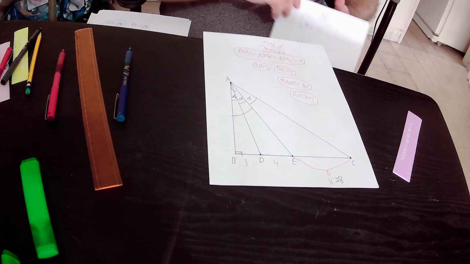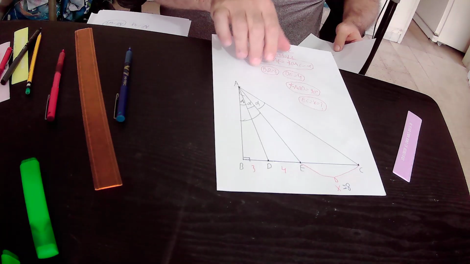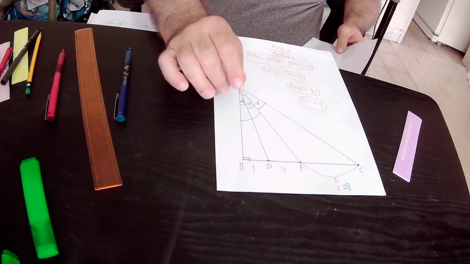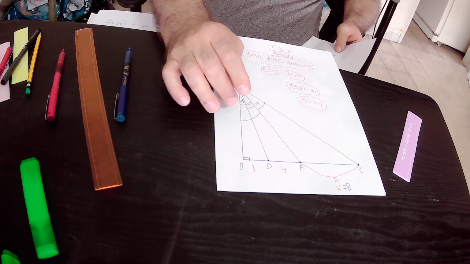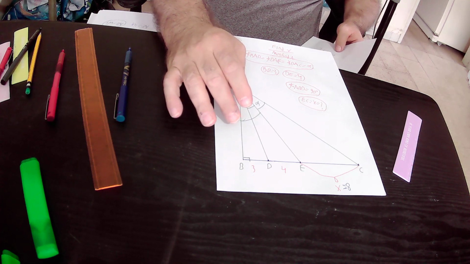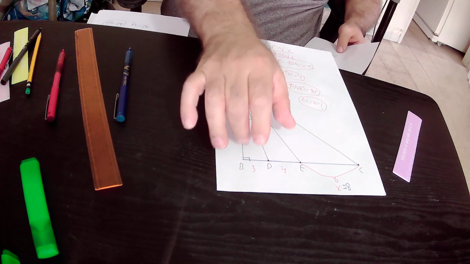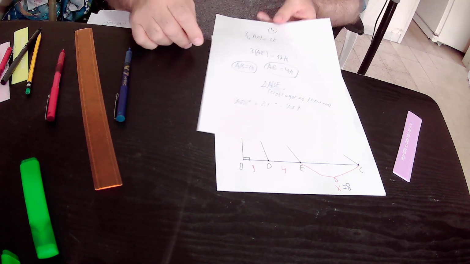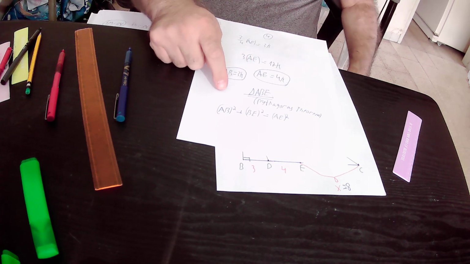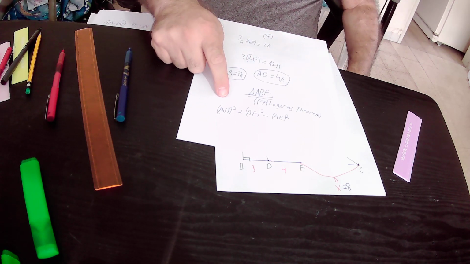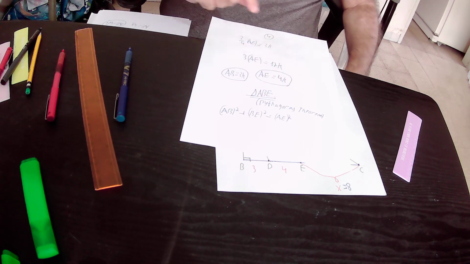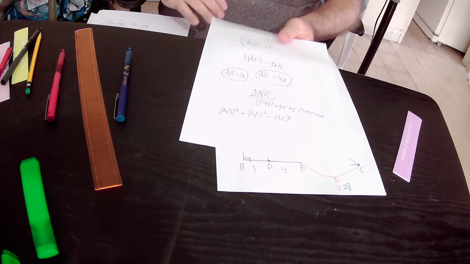Then we continue to focus on the right triangle ABE. According to the Pythagoras theorem, the square of the hypotenuse equals the sum of the squares of the perpendiculars. That is to say, AB squared plus BE squared equals AE squared.